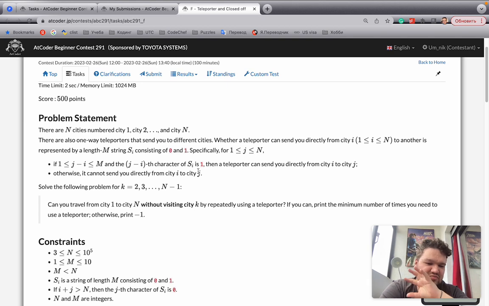Now we need to take the minimum of them, but there can be a lot of them. So it's like O(nm) in the worst case.